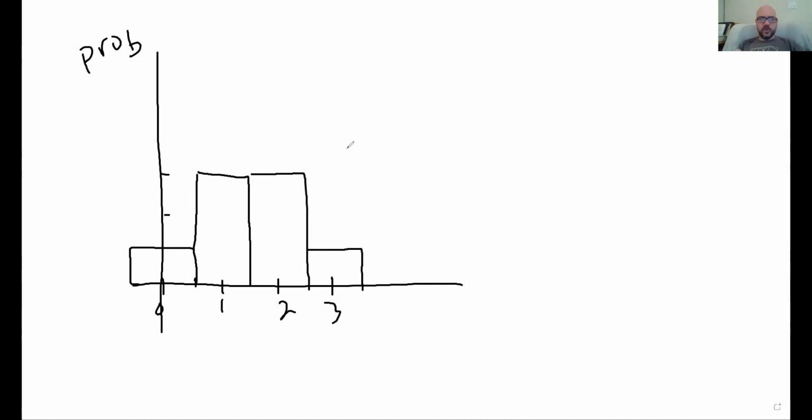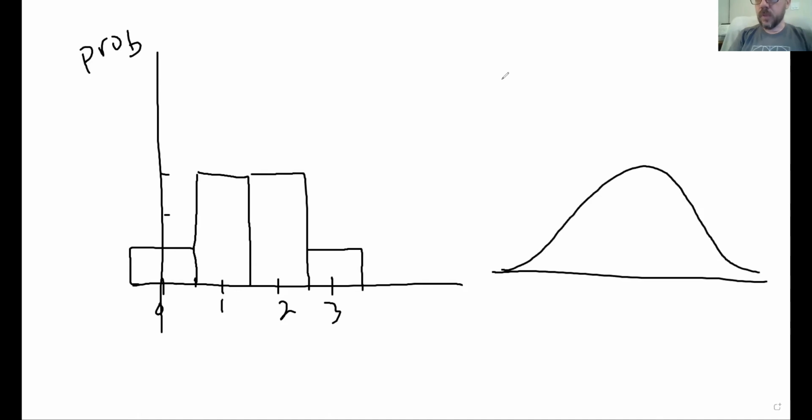And your binomial distributions all look like this, peak in the middle and then sloping down on the sides. In fact, the bigger n gets, in other words, the more trials you do, the more it looks like a bell curve. And if you let n go to infinity here, the thing that you get is this.